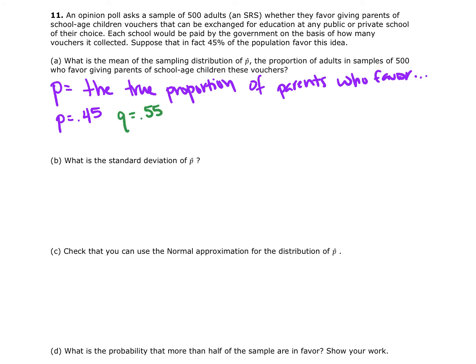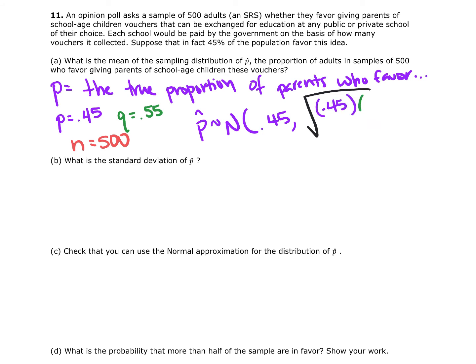And we know that n in this particular case is 500. So because of that, p hat follows a normal distribution. The mean of the population, which in this case is 0.45, and the standard deviation, which is the square root of p, 0.45, times q, 0.55, divided by the sample size, which is 500.